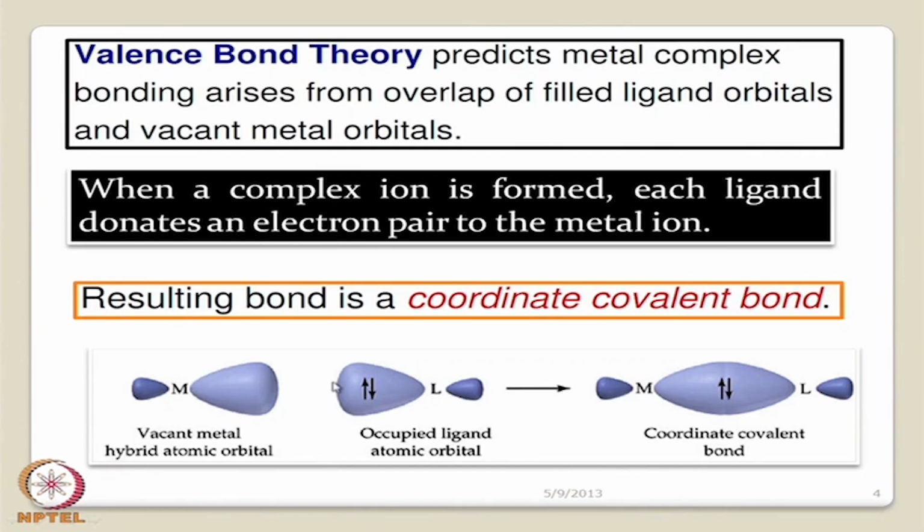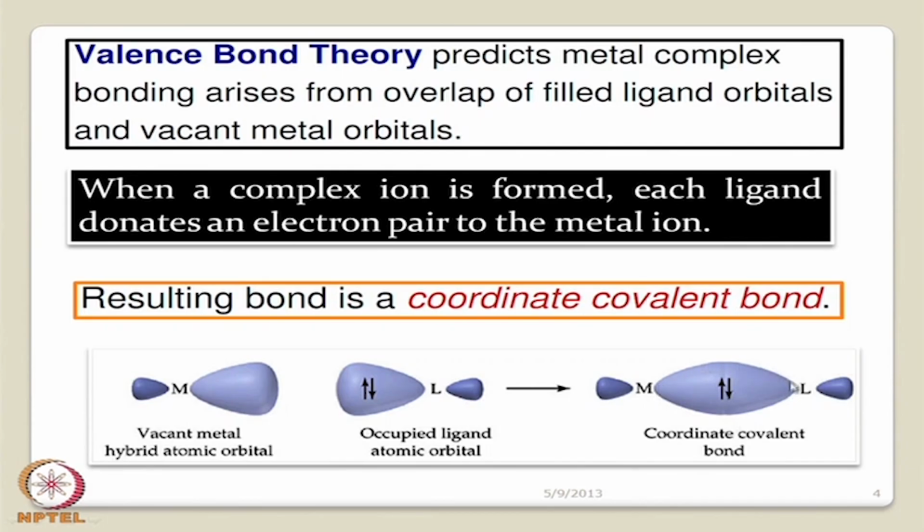The ligand has the corresponding occupied orbital, which can have an electron pair. So this M-L bond will be forming, and the electron density will be localized between M and L.